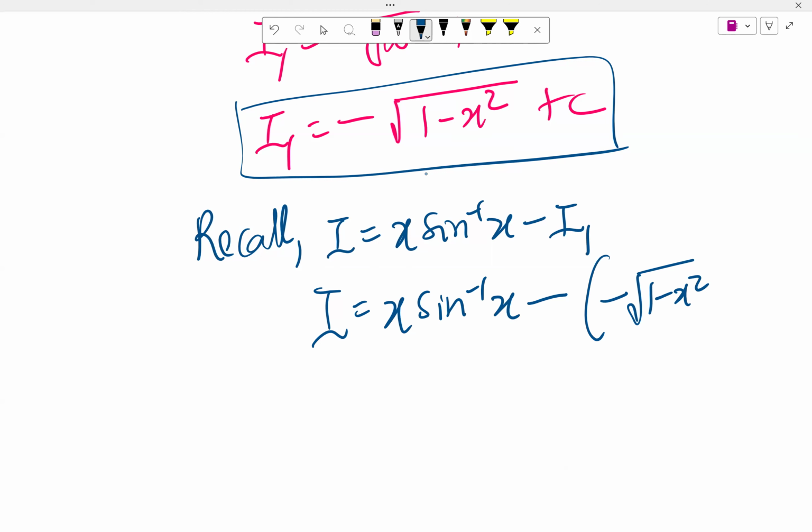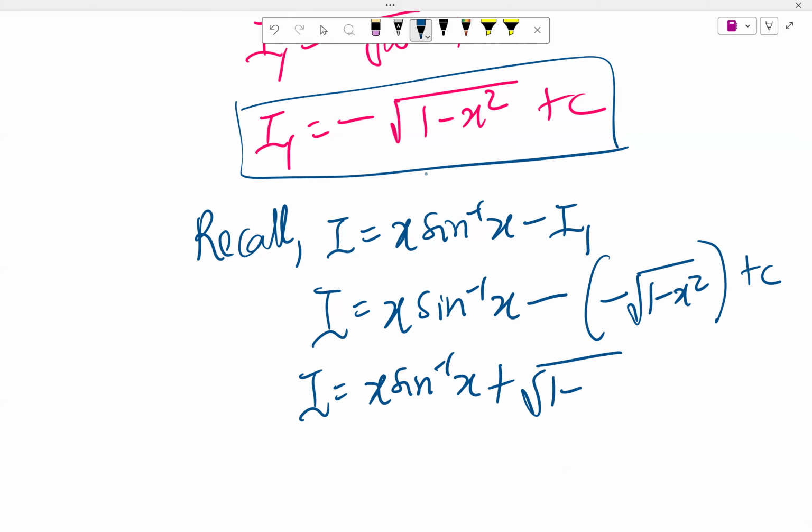All right, you know, plus c. You can just put the c outside, it's some constant, so that I equals x arcsin of x plus square root of 1 minus, let me write that properly. Some perfectionistic thing going on here. So plus square root of 1 minus x squared plus c.